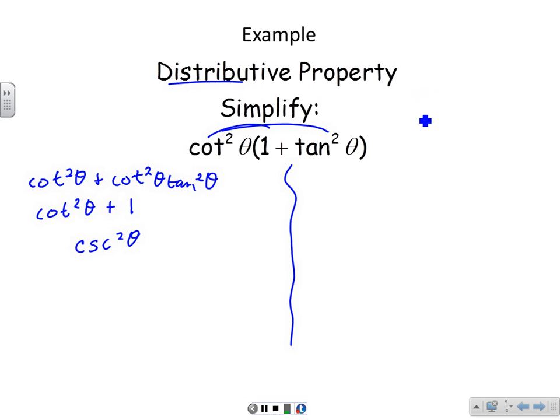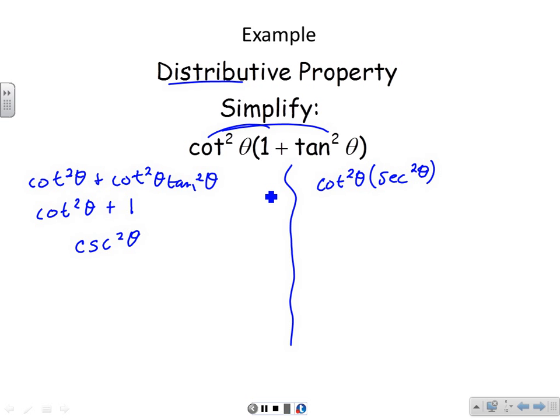Or if you wanted to, you could take this and you could change them all into sines and cosines. And if you change them all into sines and cosines, you're still going to get cosecant square theta. The other thing that you could do is you could take this 1 plus tangent square theta and go ahead and use that Pythagorean and say cotangent square theta times secant squared theta.